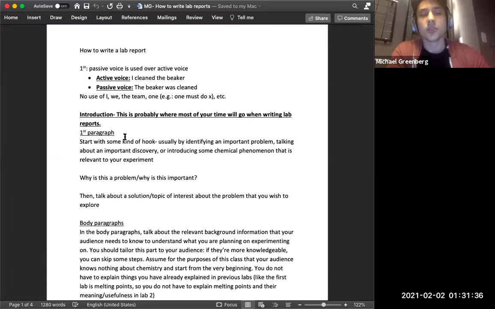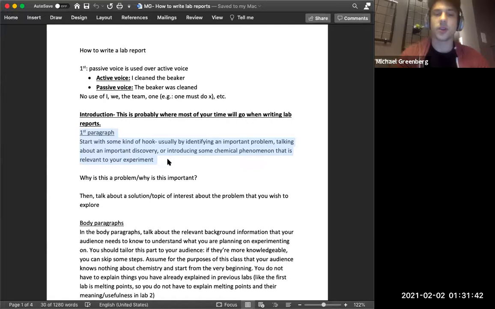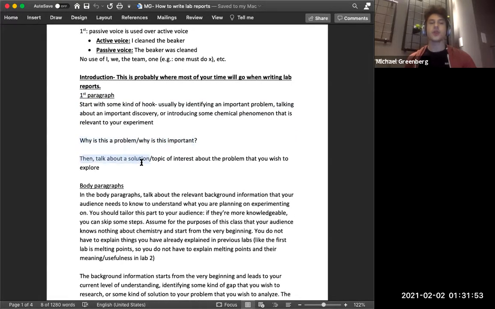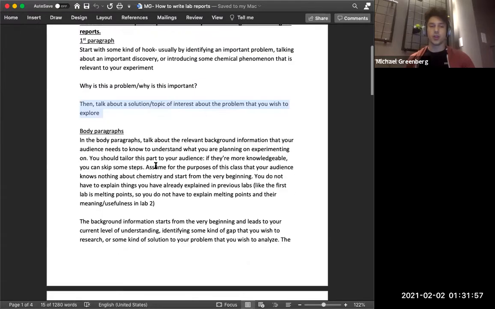All right. So the first paragraph, you're going to usually identify some sort of problem, talk about an important discovery, or introduce some chemical phenomenon that is relevant to your experiment. So then you go into why that is important. And then you talk about a solution or topic of interest about the problem that you wish to explore.